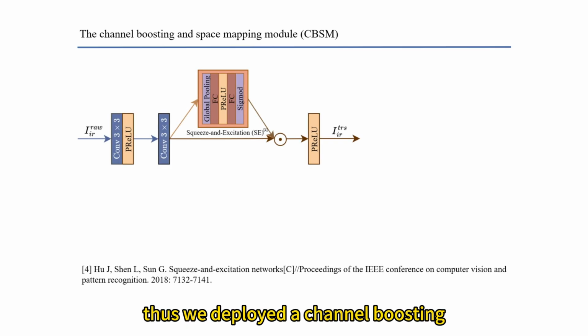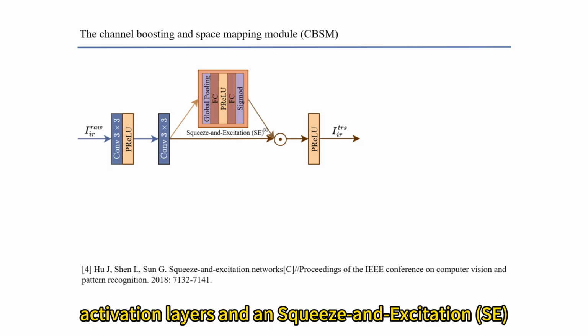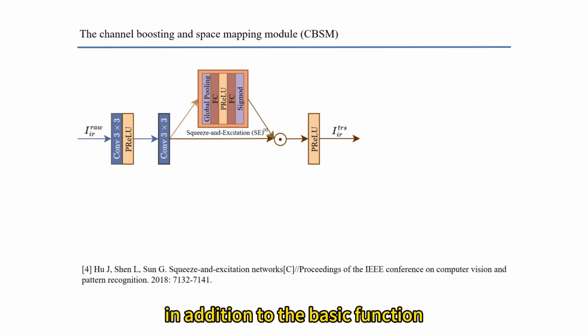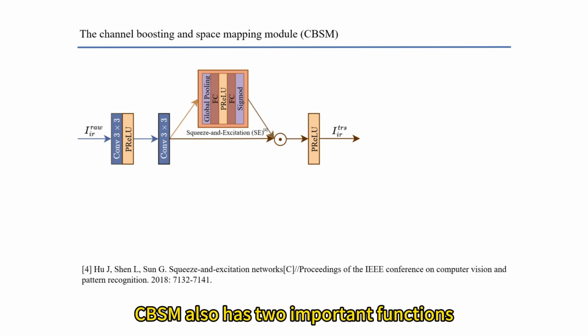Thus, we deployed a channel boosting and space mapping module, abbreviated as CBSM. It consists of convolutional layers, activation layers, and the squeeze-and-excitation (SE) operation. In addition to the basic function of enhancing the channel of the source image, CBSM also has two important functions.